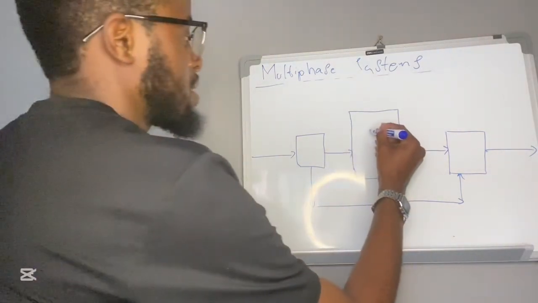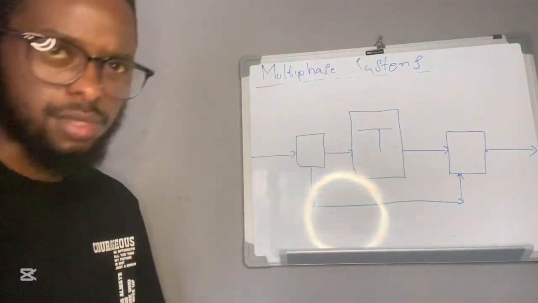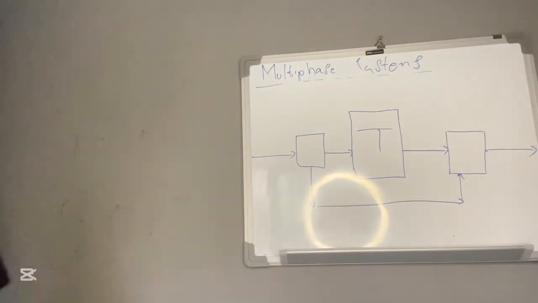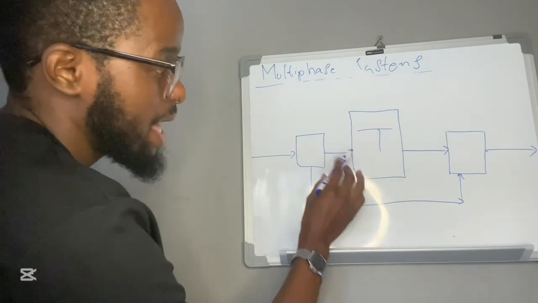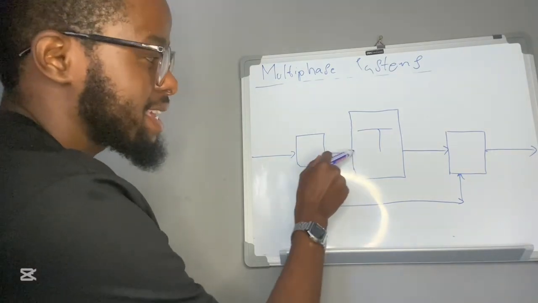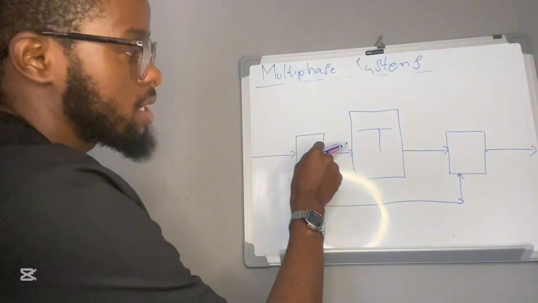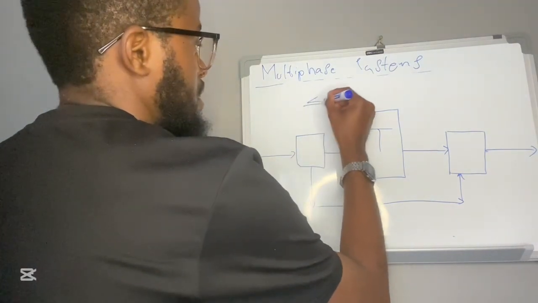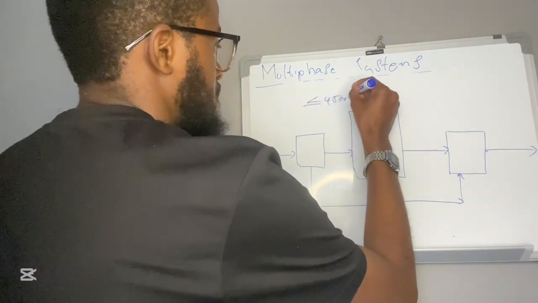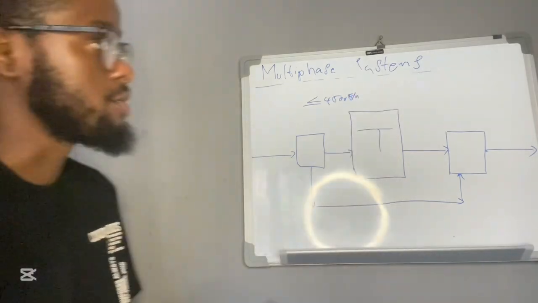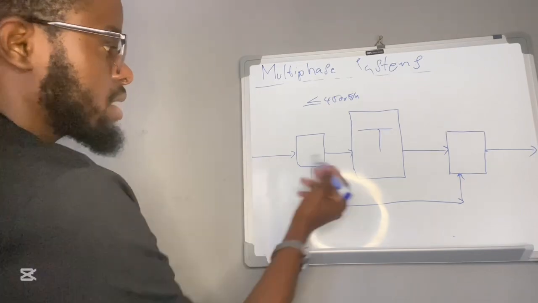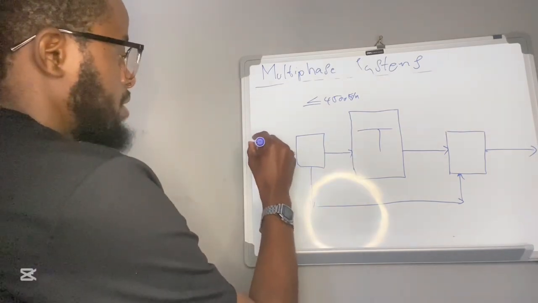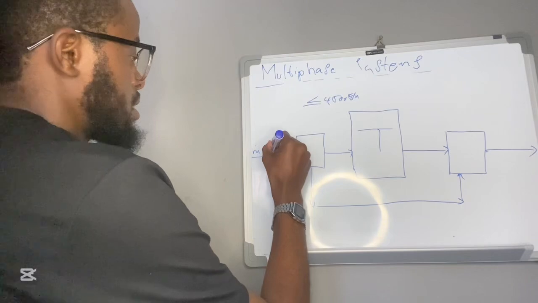So this is the major treatment unit, and the flowchart is incomplete here. Now we were told that anything that enters the treatment unit cannot be greater than 4,500 kilograms per hour. Obviously we have a mass flow rate here, and we're going to call it M1.